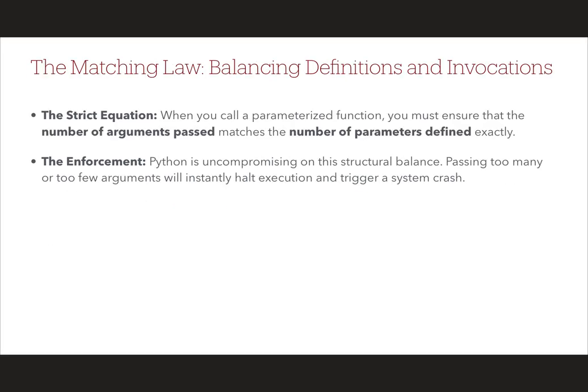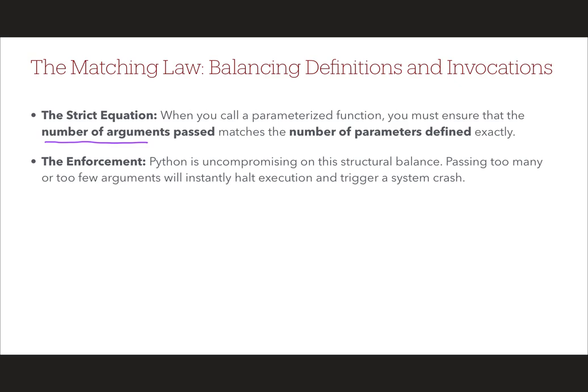If the function is defined, as we observed in the examples, I will explain this later. When you call a parameterized function, you must ensure that, as I said, the number of arguments passed matches the number of parameters defined inside the function.